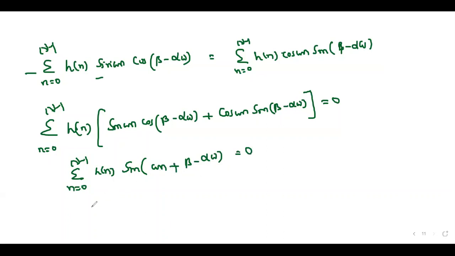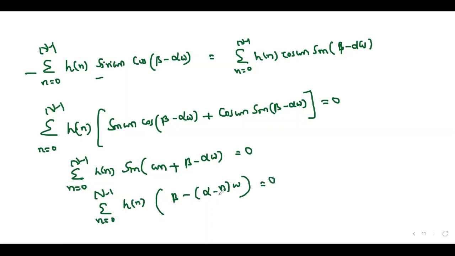Okay. This further can be rewritten like h of n into, here I can write first beta minus, sorry, alpha, minus I'll take common. So alpha minus n into omega I can write is equal to 0.